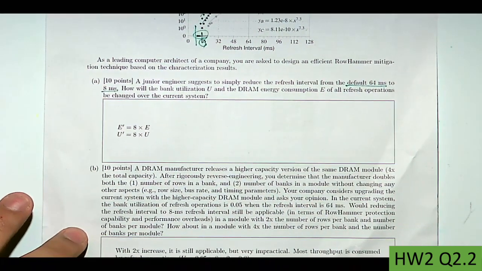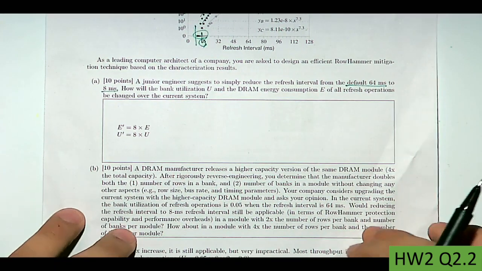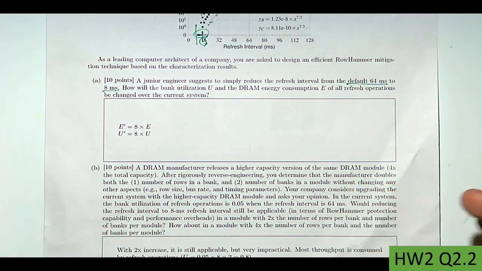This is very straightforward: the bank utilization and the energy consumption will increase linearly along the number of refresh requests we should perform in the same time interval.